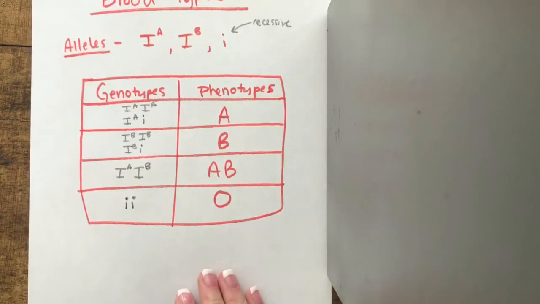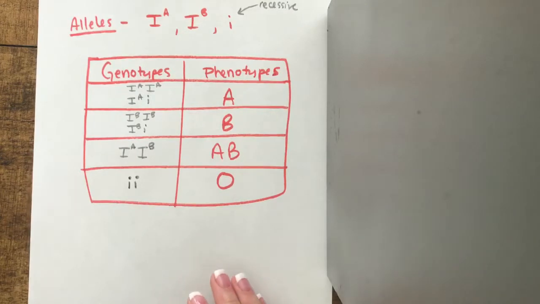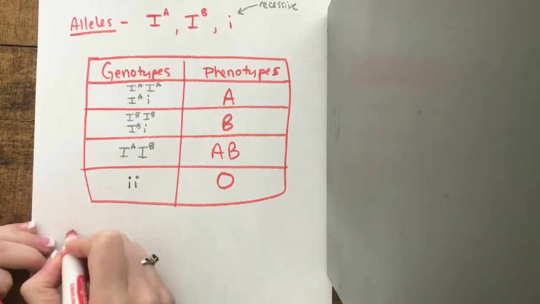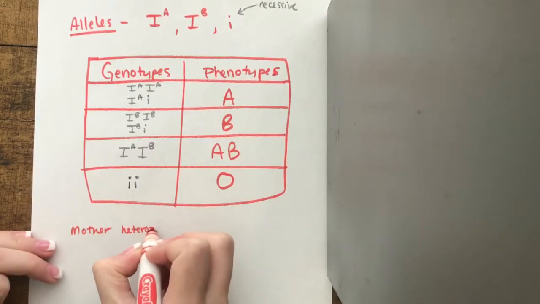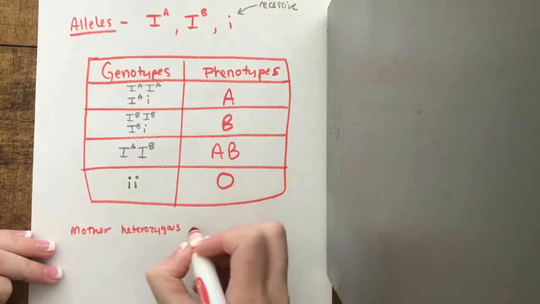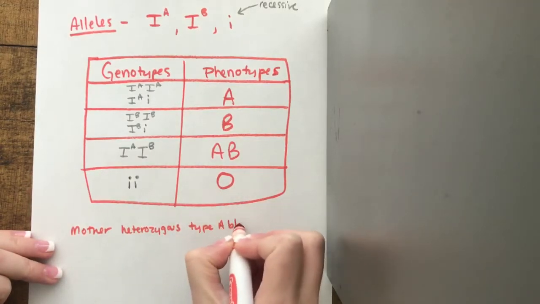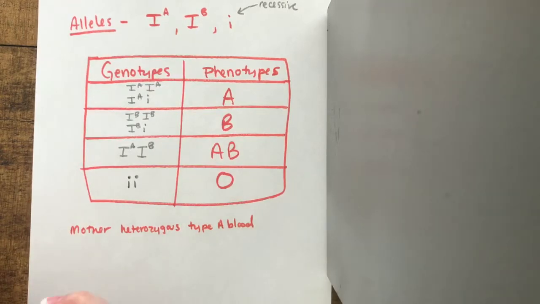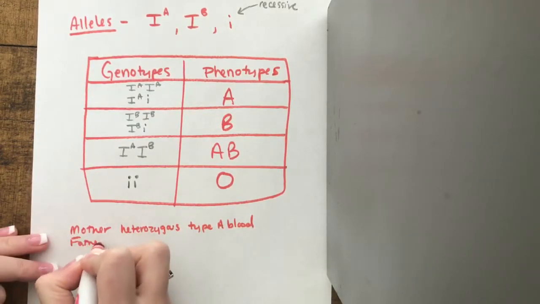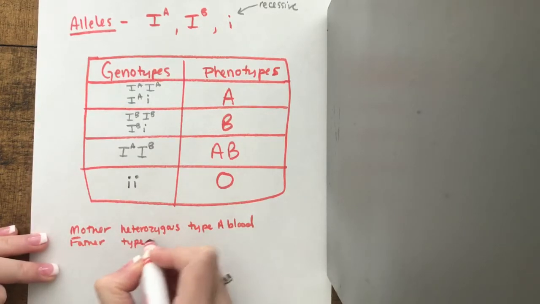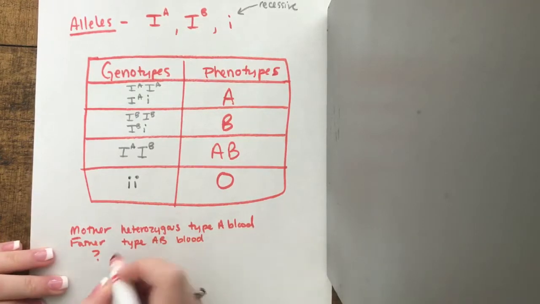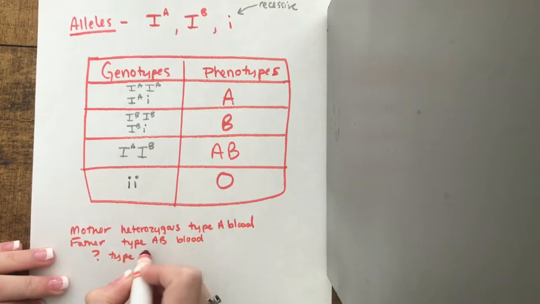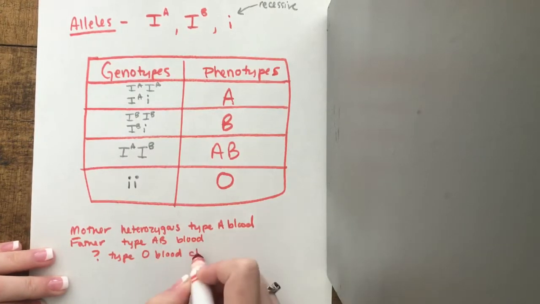So the question that we're going to ask is, is it possible for a mother who is heterozygous for type A blood and a father who has type AB blood to make a type O blood child?